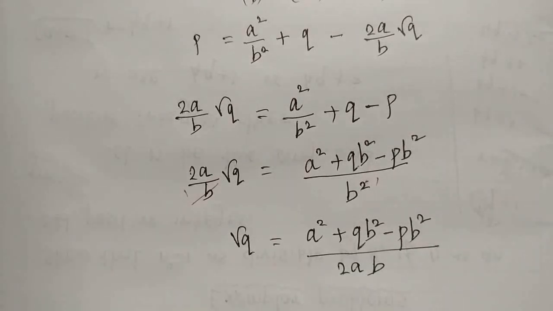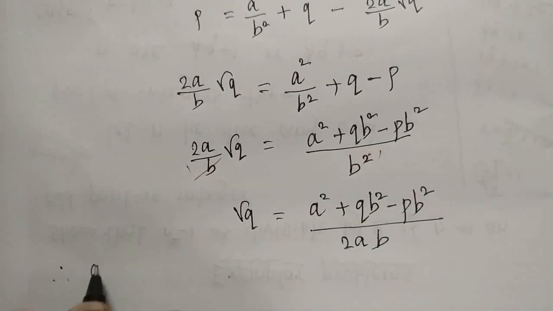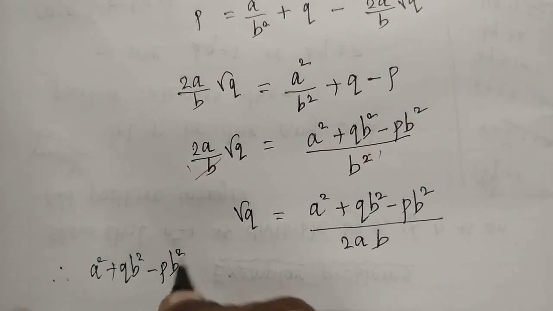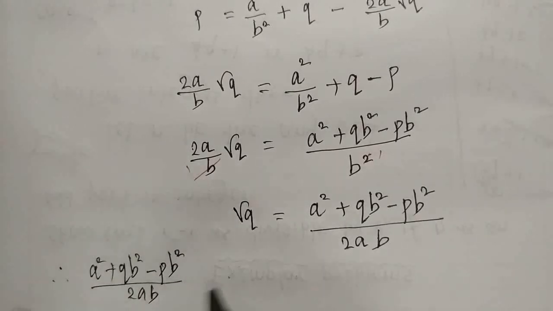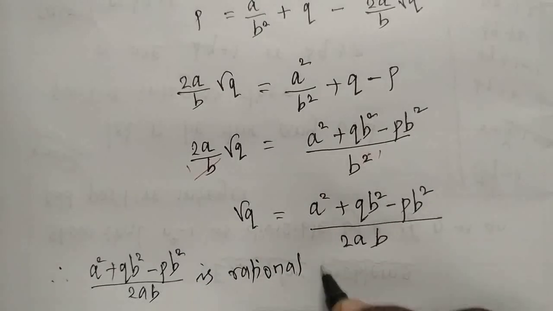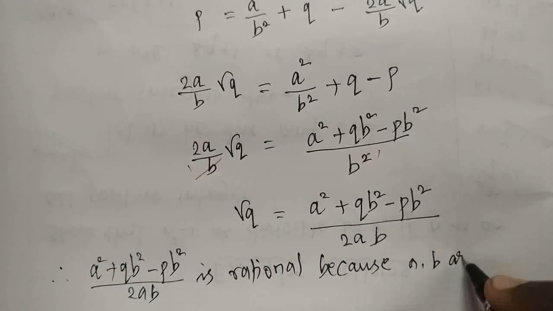Now, I told you already that A and B are integers. If you square, add, multiply and divide integers, you will get a rational number only. So the right side is rational, then the left side is also rational. Therefore A square plus Q B square minus P B square divided by 2AB is rational, because A and B are integers.